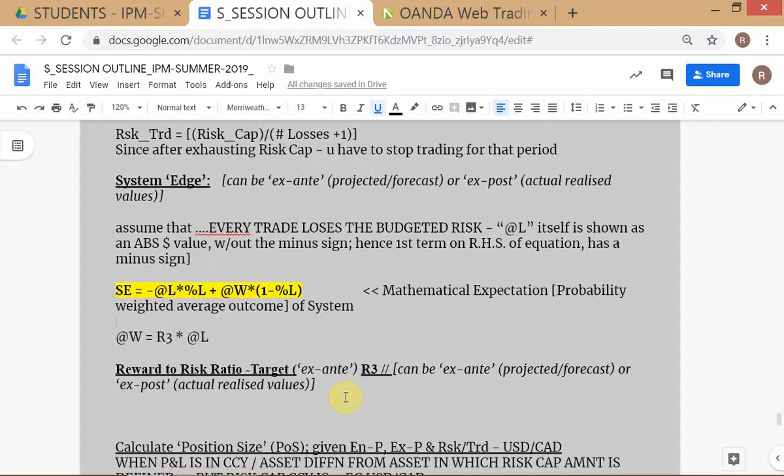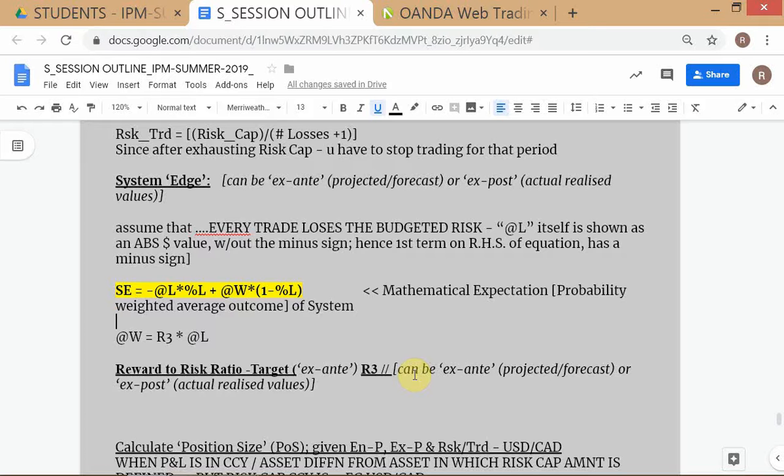Now, just like R3, system edge can also be ex ante or ex post. Ex ante is when you are planning your trading system, planning your trading activity before the beginning of the period. After the period, the figures will probably differ from what you projected. If you take the actual realized values at the end of your trading year, how many trades you lost on, what is the percentage of actual losses, that is the ex post trading edge.